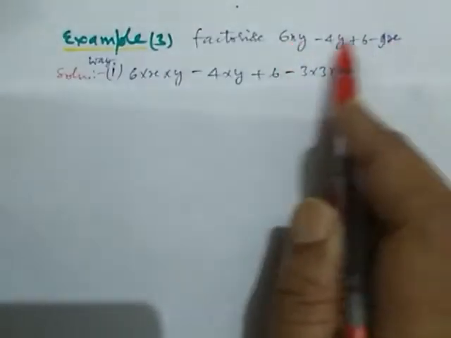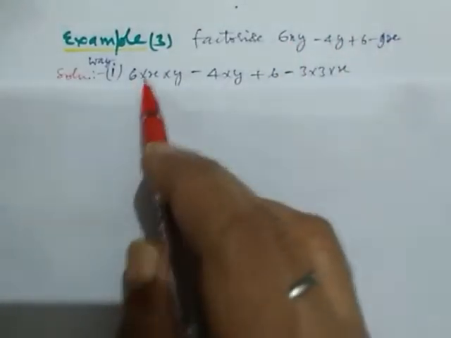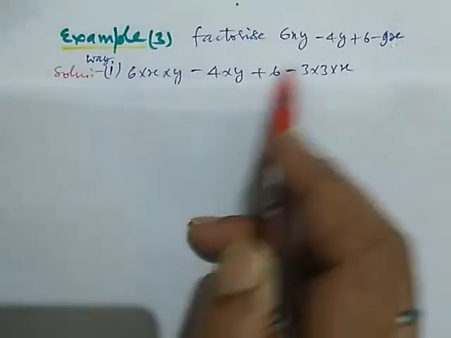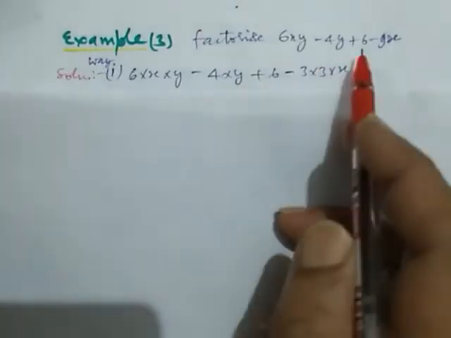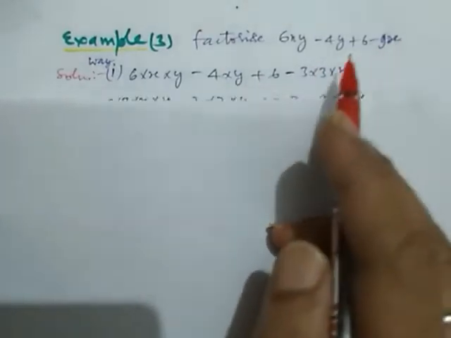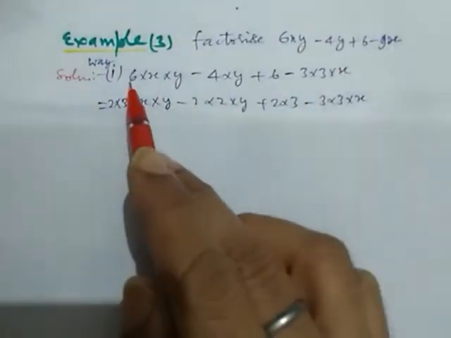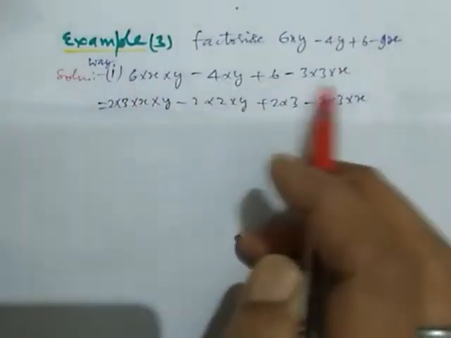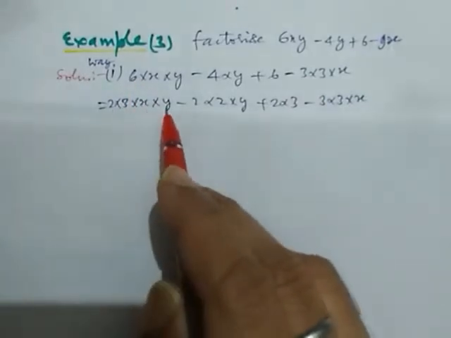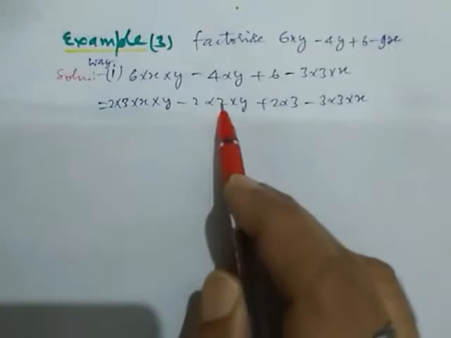First we write down the factors of these terms. 6xy is 6 into x into y. 4y is 4 into y. 6 minus 9x is 6 minus 3 into 3 into x. Now we further factorize them. 6 can be written as 2 into 3 into x into y. This 4 is 2 into 2 into y.